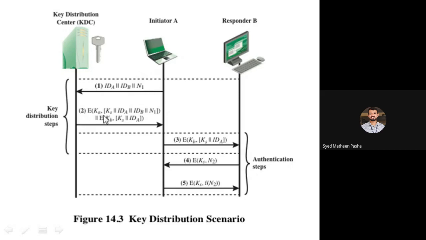The KDC will encrypt the key itself and then pass it, because you never know, between the KDC and initiator A there might be an attacker. So the KDC encrypts the key and sends it to initiator A.